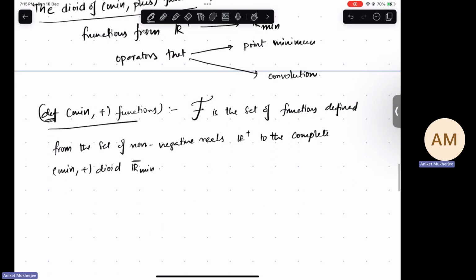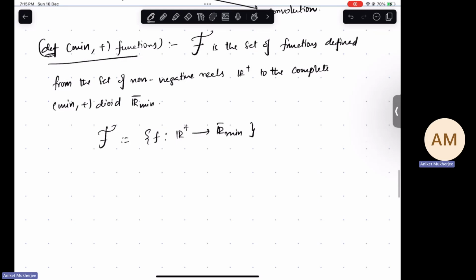Okay, so mathematically, when I write the curly script, I define this as the set of all functions such that it goes from R plus to R min, right? So now you know the min plus functions, right?